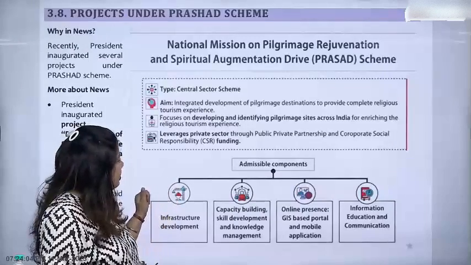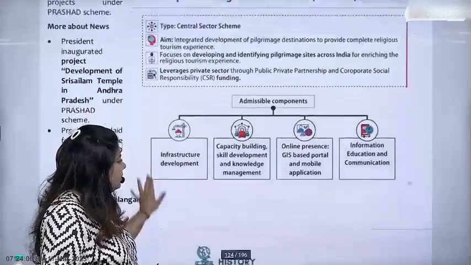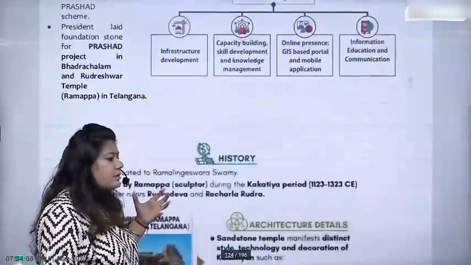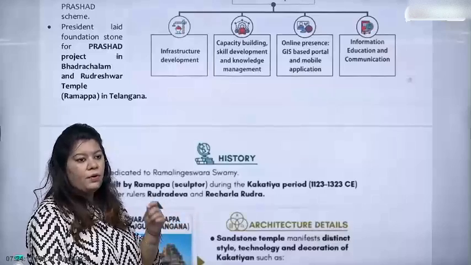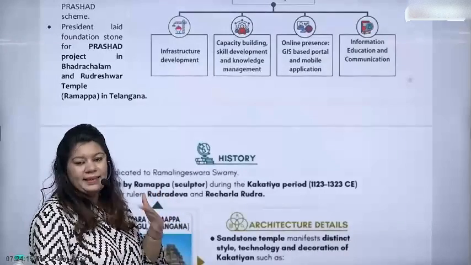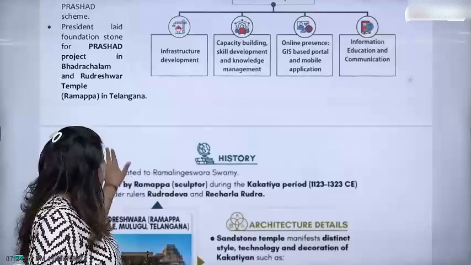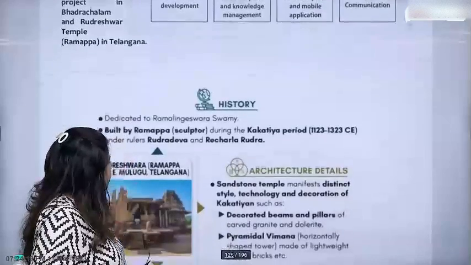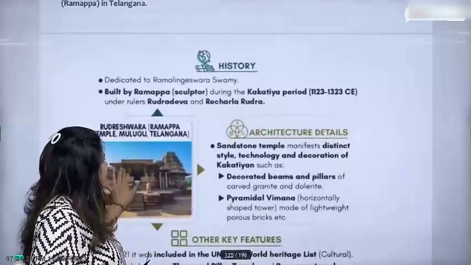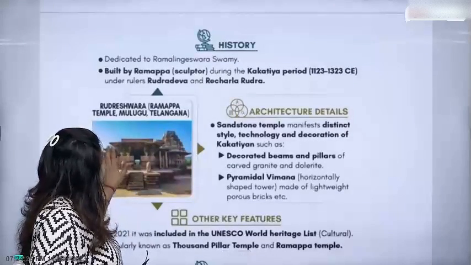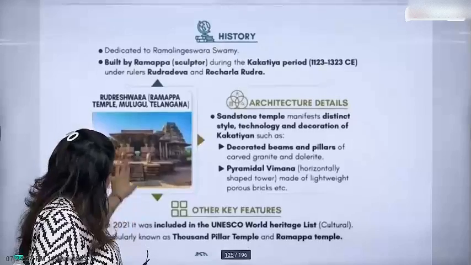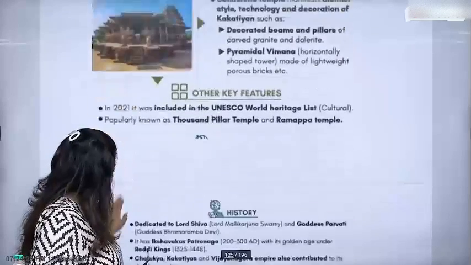Okay. So in here, again, the sites are refurbished, conserved, or made as tourist destinations. So recently, under the Prasad scheme, the conservation work has been taken up for Rudreshwar temple and 2 more other sites.